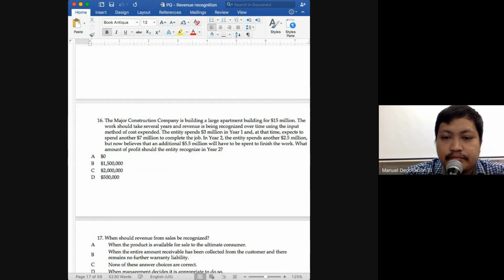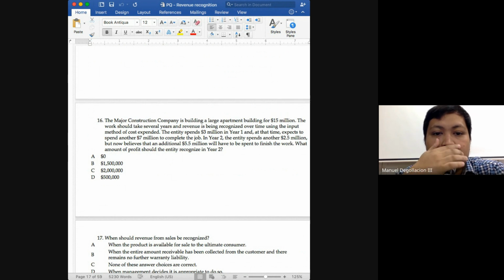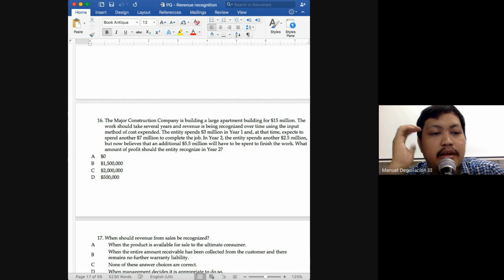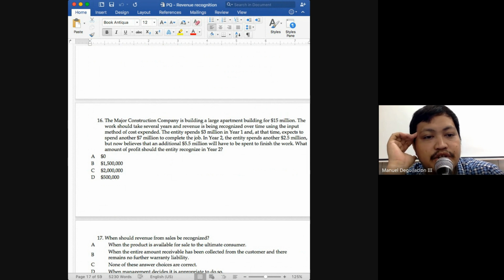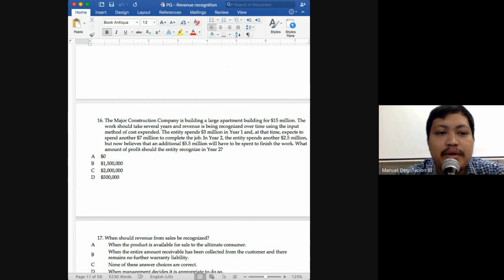16. Okay, this is now an application of recognizing revenues over a period of time. The company is building a large apartment building for 15 million.